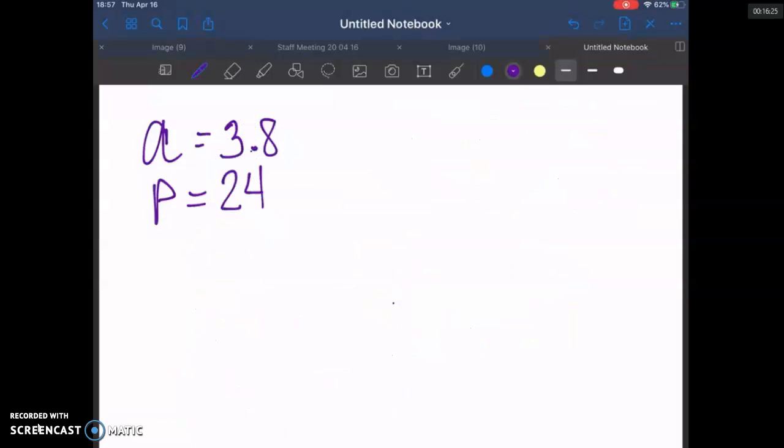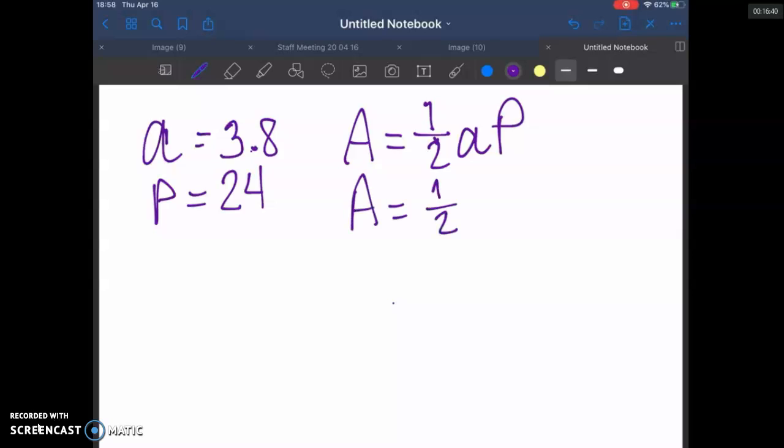And we know that to find the area of a polygon, we take 1/2 times the apothem times the perimeter. So that means 1/2 times 3.8 times 24.